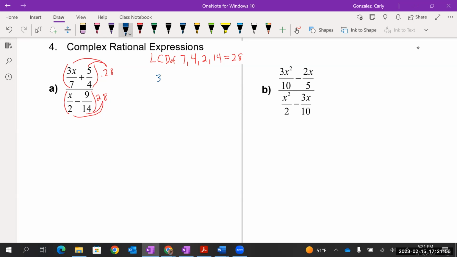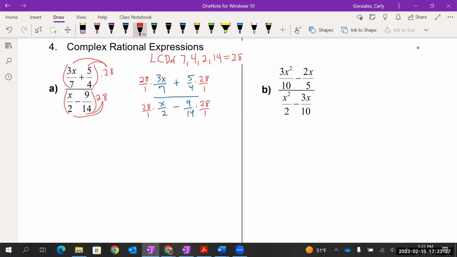So first I'll just copy the original problem, and then I'll multiply each term by 28 over 1, since I can write the whole number 28 as a fraction, 28 over 1.